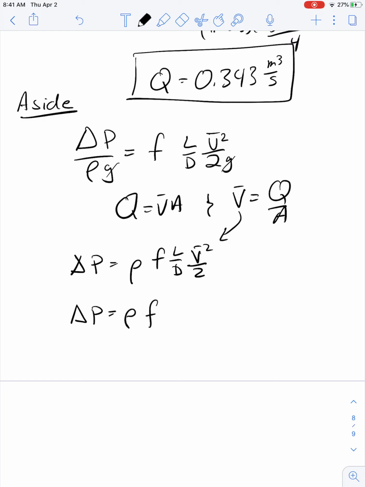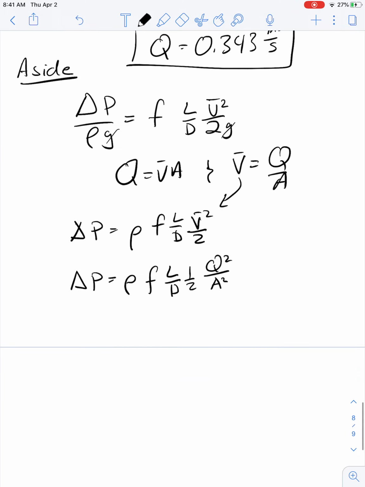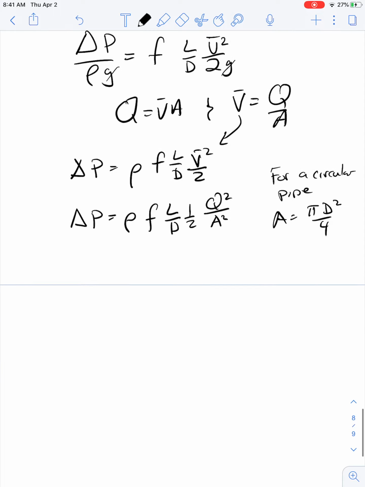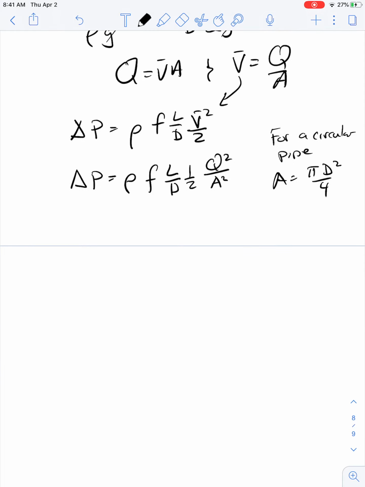So we'll have rho times the friction factor L over D times 1/2, and now we'll have Q squared over A squared. And since for a circular pipe the area is just pi d squared over 4 like we just computed, then we can substitute the area in.